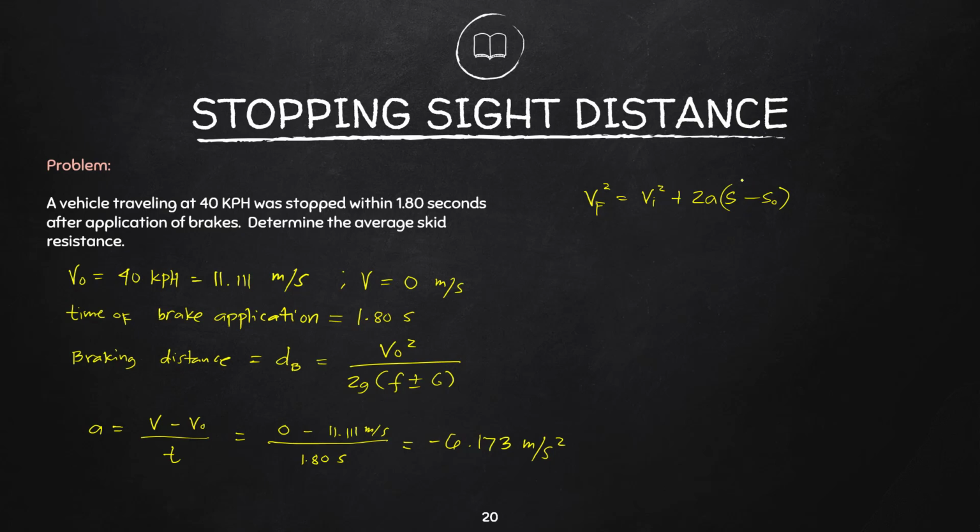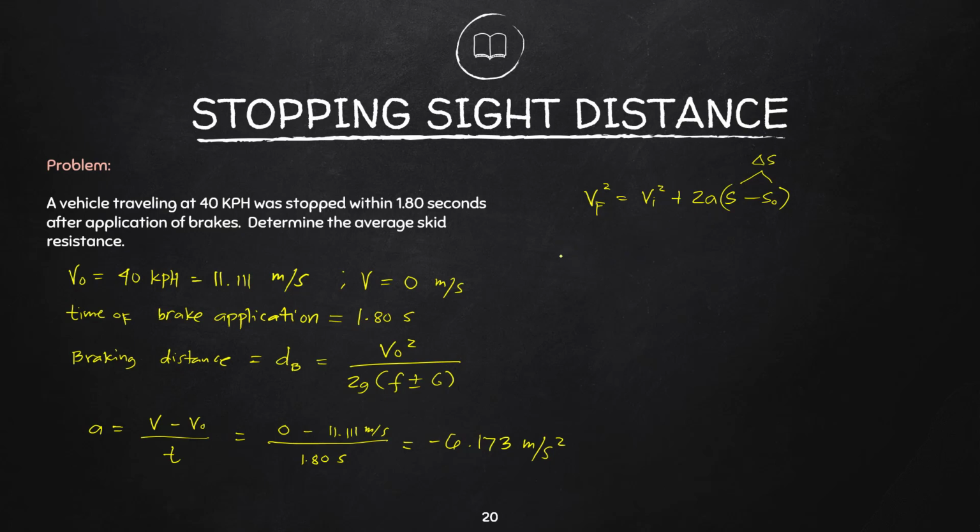But we can also denote this as the change in the distance. We can use this to determine the braking distance. We know the final velocity, the initial velocity, and the acceleration. And we can have this delta s.